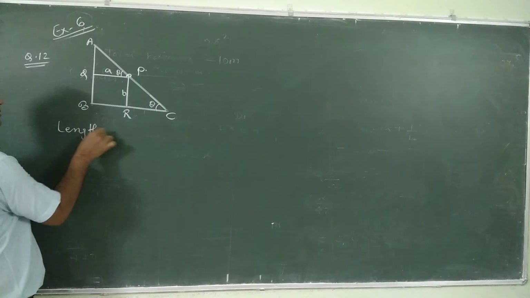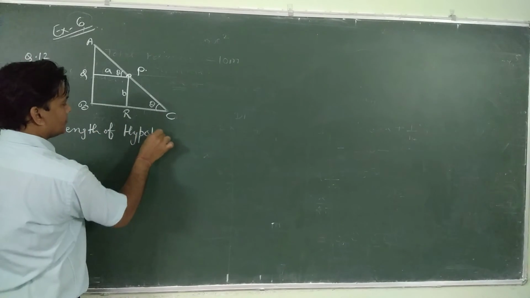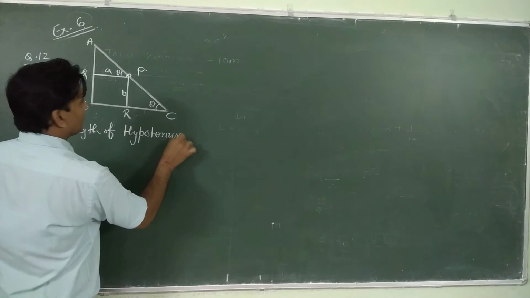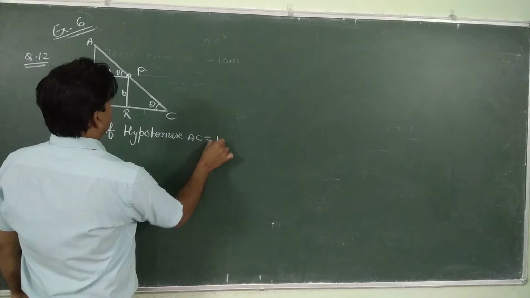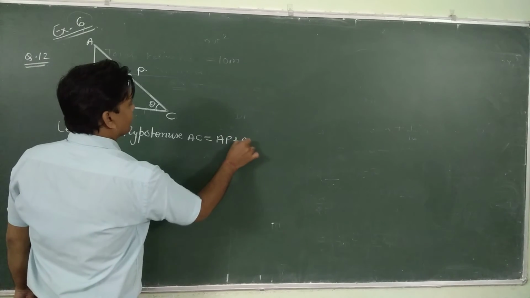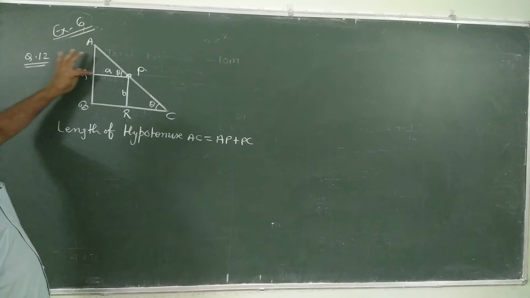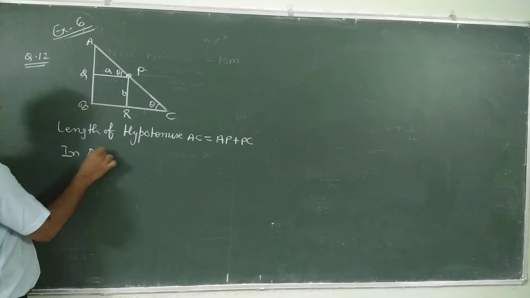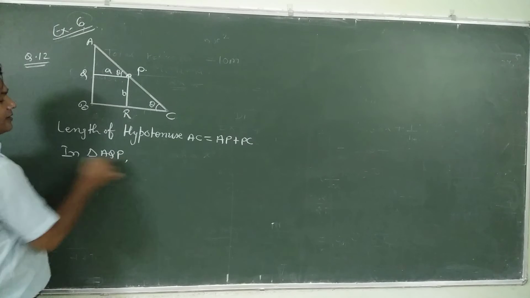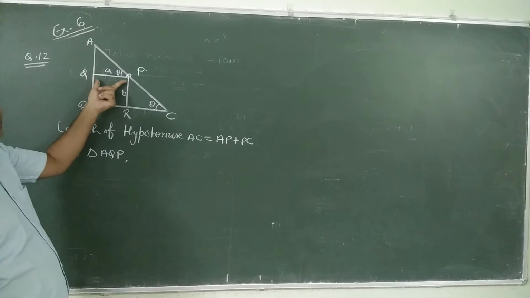Length of hypotenuse AC, which is given by AP plus PC. So first we have to check the right angle triangle AQP. In triangle AQP, this is hypotenuse and this one is base.